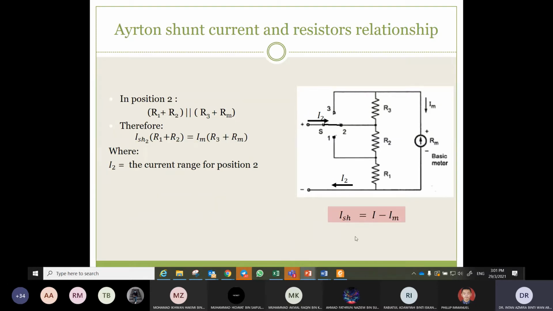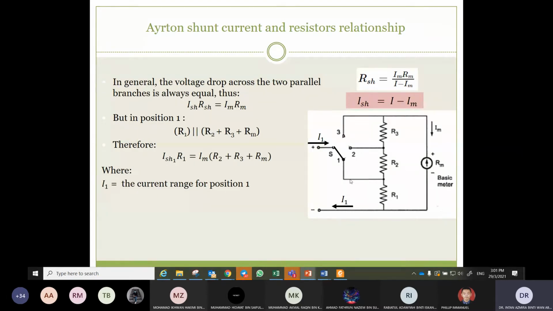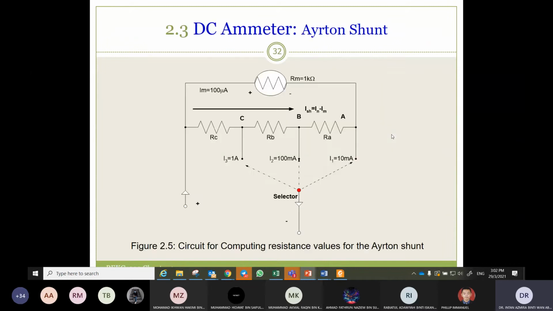Same goes for the other positions. I shunt 2 is equal to I2 minus Im. Here as well, I shunt 1 is equal to I1 minus Im. Any question? Yes or no? No, Doctor.